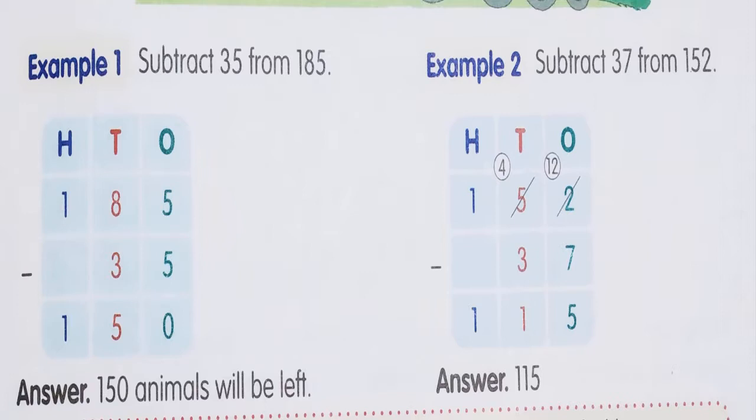Now the new number is 12 and we subtract 7 from 12. So we get 5. Now in the tens place, previously the number was 5 but we gave one ten, so here 4 is remaining. So now we subtract 3 from 4, so here 1 is remaining and 1 hundred is remaining, so we carry it down. So 115 is the answer.